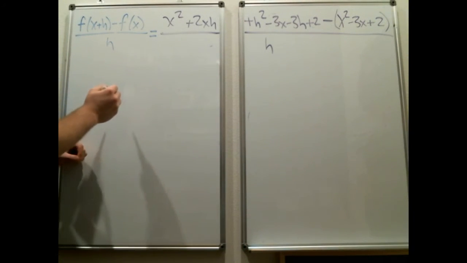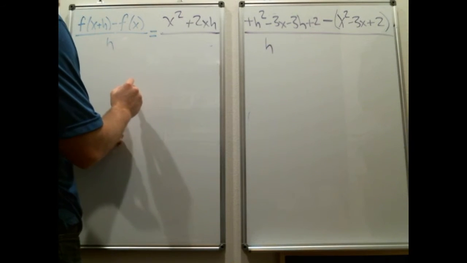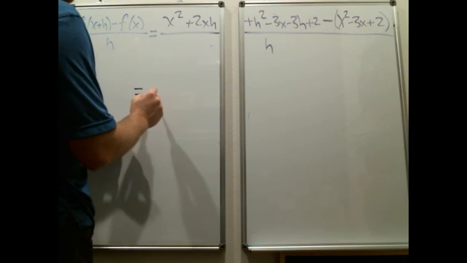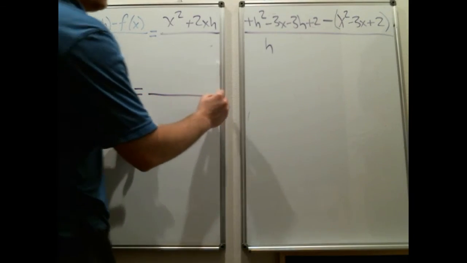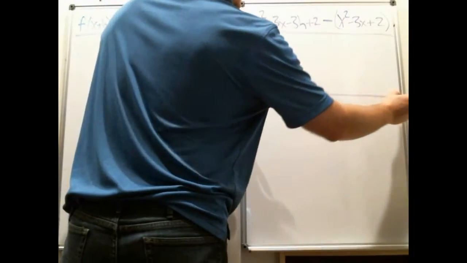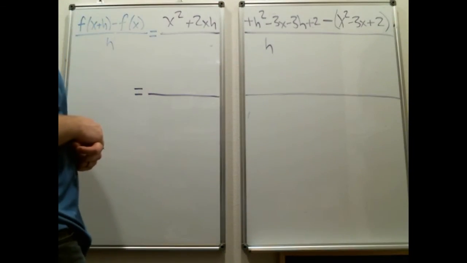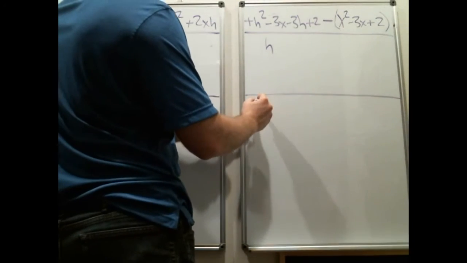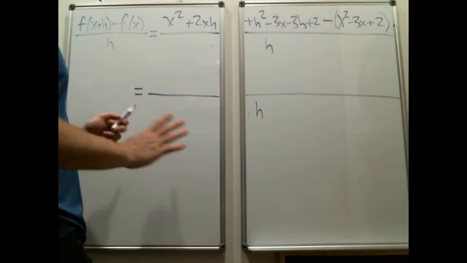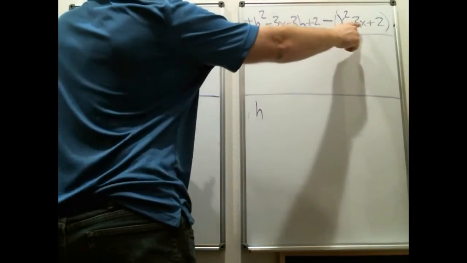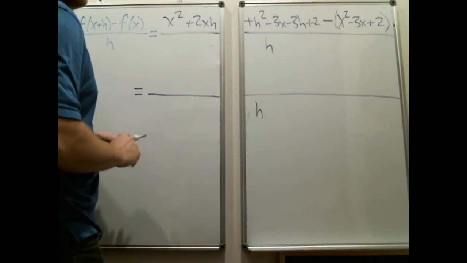So this is equal to, so I know I have this big divide sign here. I'm going to try to make this as easy to read as possible. This h stays here, and the only thing I'm going to do in this step is distribute this negative in over here. So nothing else has changed.